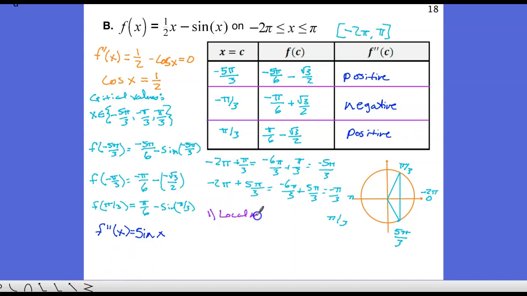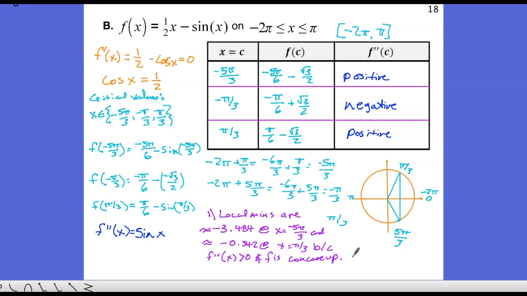Part 1. Local mins are at x equals negative 5 pi over 3, and approximately negative 0.342, since f double prime of x is greater than 0, and so it's got to be a minimum value if it's concave up.